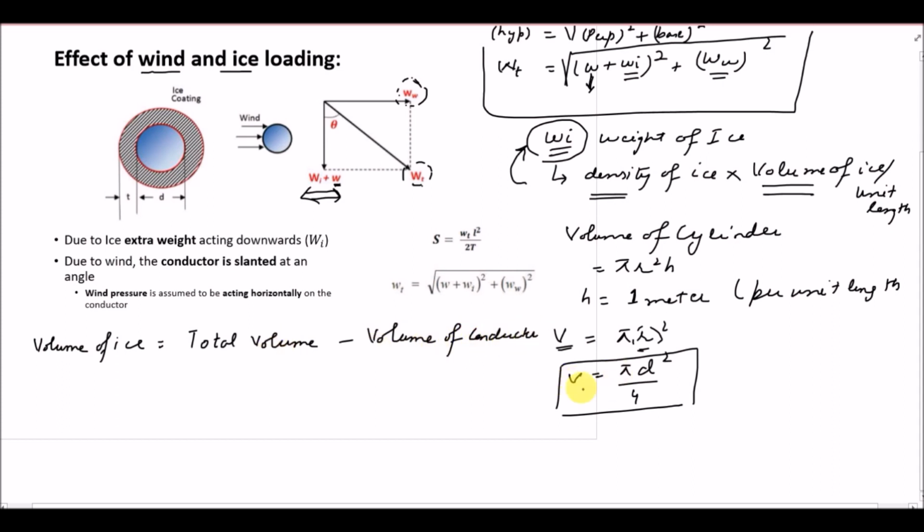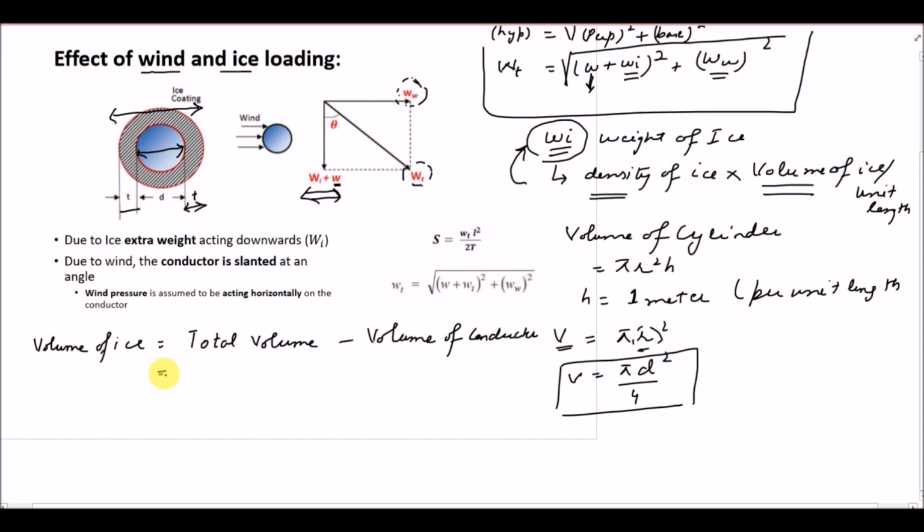We have calculated the volume of conductor, which is pi d square over 4, and the diameter is this one, right? Now we have to calculate the total volume, and for the total volume it is again a cylinder, but now the diameter is changed. In this case it is d plus 2t, so one t is in this portion and the other t is this one.